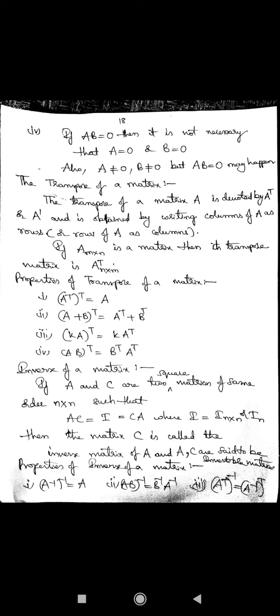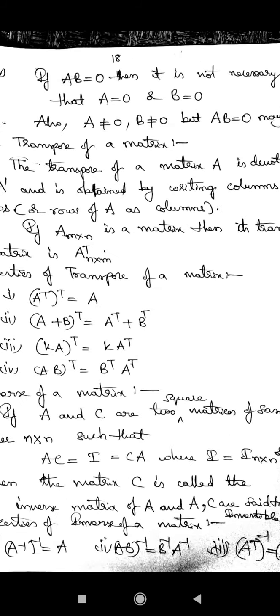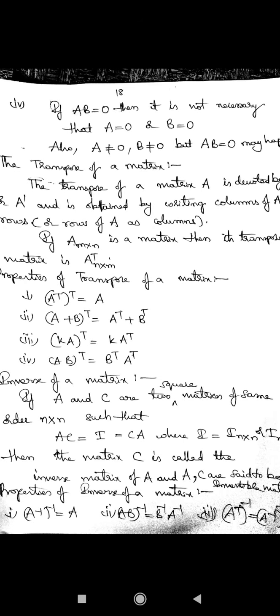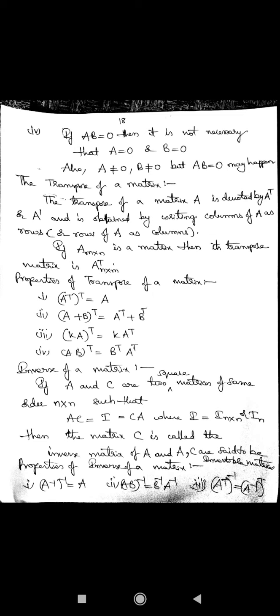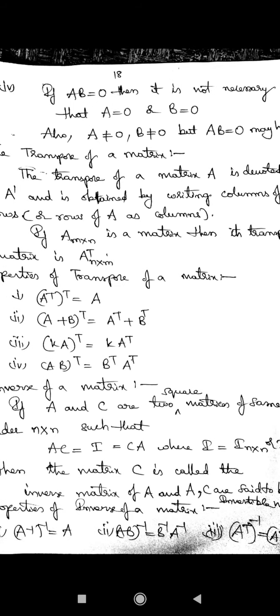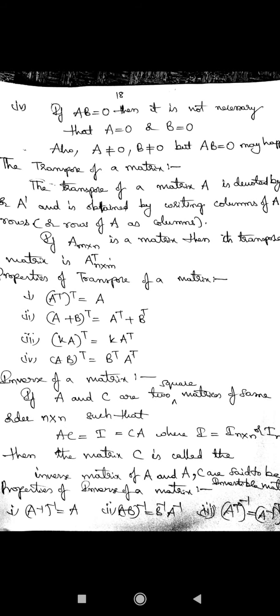When we write the columns of A as rows, or the rows of A as columns, the matrix formed is called A transpose, or the transpose of matrix A, and it is denoted as A power T or A dash.